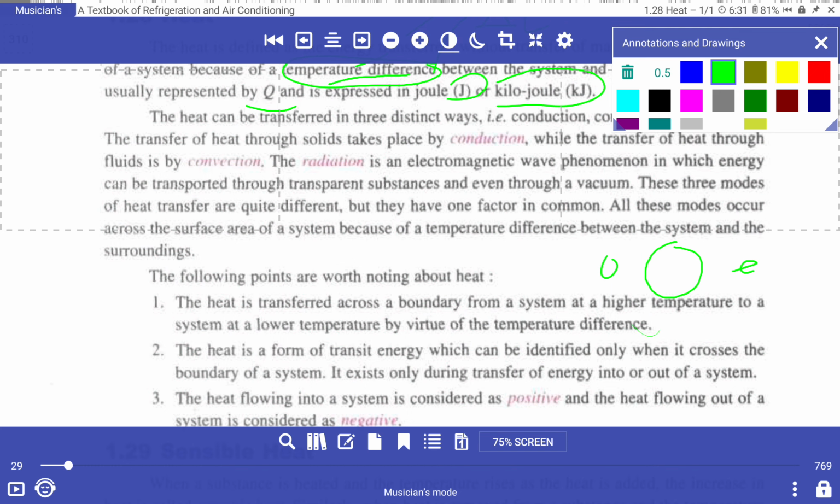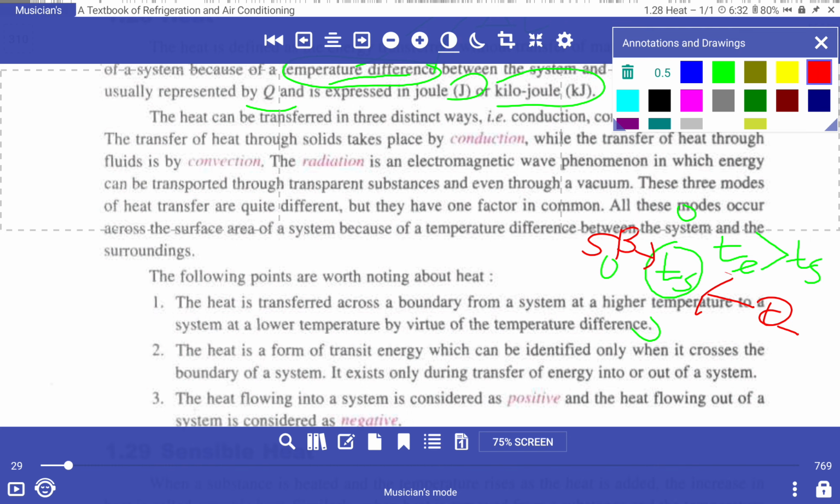If the temperature of your surrounding is greater than the temperature of the system, Ts, then you have a transit energy, which is Q, that is coming in or crossing the boundary. The circle is your system boundary, SB.